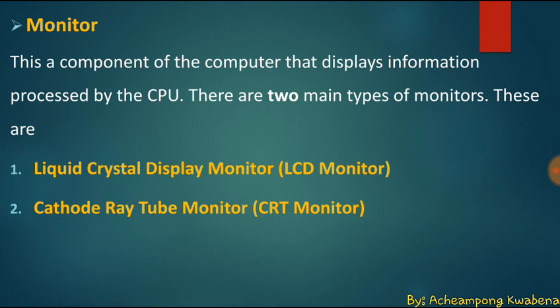The difference between these two monitors is that the LCD monitors are flat. They have flat screens, and their bodies are not all that heavy. They do not occupy more space when you place them in your room or on a table. The cathode ray tube monitor takes a large space when placed on a table, and it is designed using a cathode ray tube.